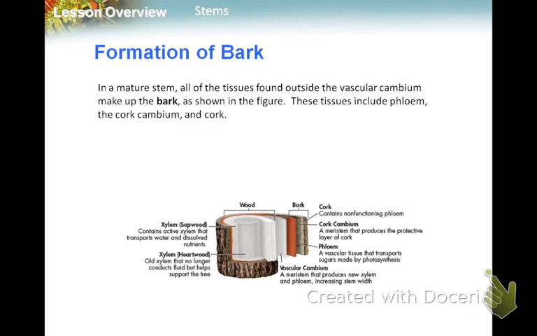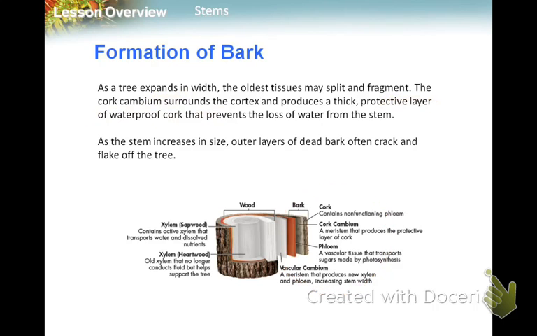And then we have the outer covering, the bark. All the tissues outside the vascular cambium make up bark. This includes phloem, cork cambium, and cork. And it's a relatively thin layer at the outside of the stem. The oldest tissues kind of split and fragment as the tree expands.